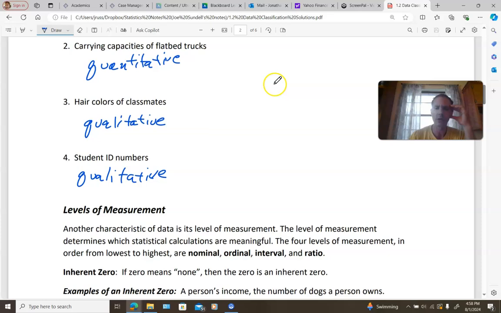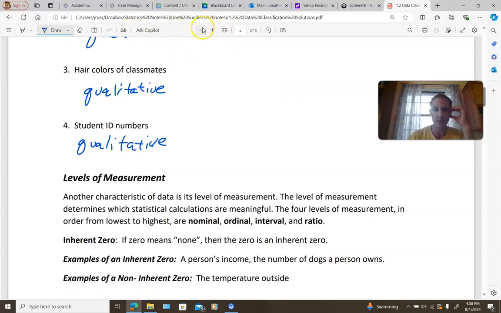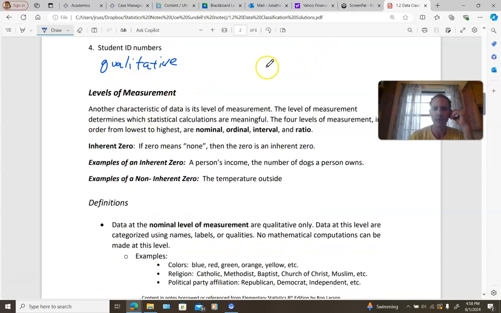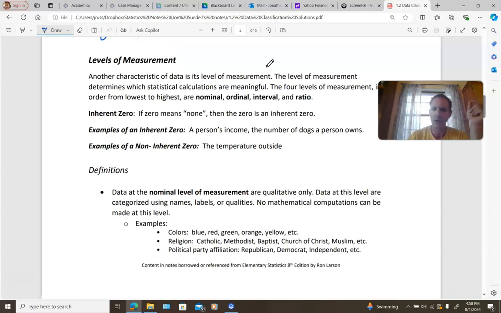Now the next and last thing in this section, guys, is the level of measurement. We've seen these two different types of data, which we can classify as either qualitative or quantitative. Now we want to go a step further. Another characteristic of data is what we refer to as its level of measurement. This basically tells us, if we've got some data, what can we do with it?